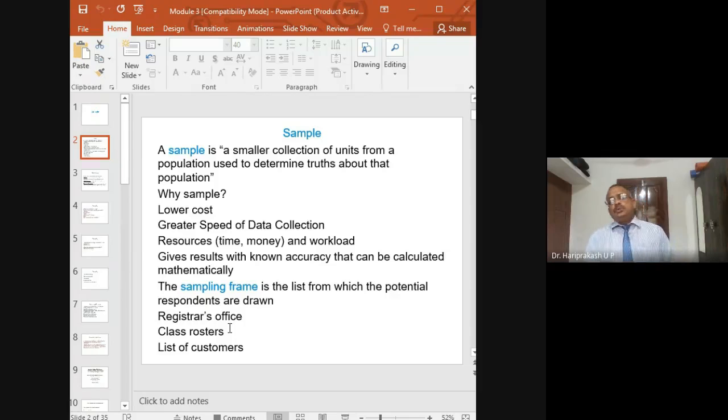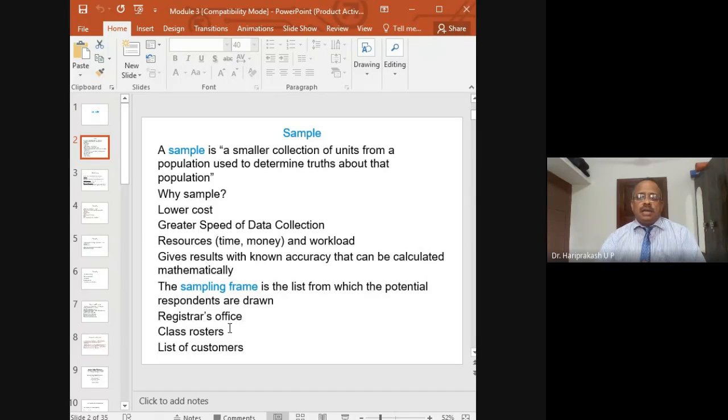So why do we have to do sampling? What is the reason for doing sampling? It is that when we want to collect data and analyze, it is not necessary that you have to collect from the whole population. Not necessary. One is that it is not needed. Another one is you can save cost.